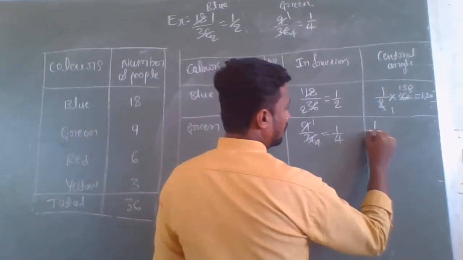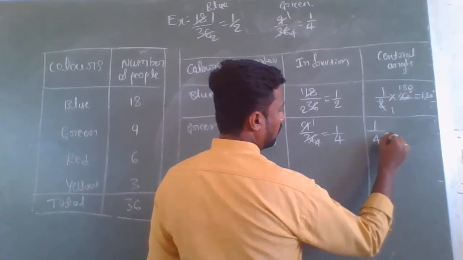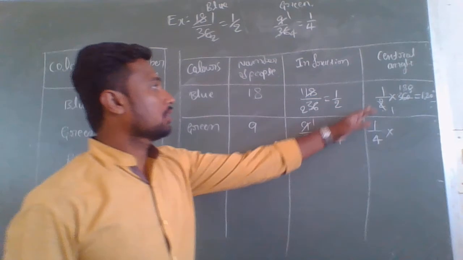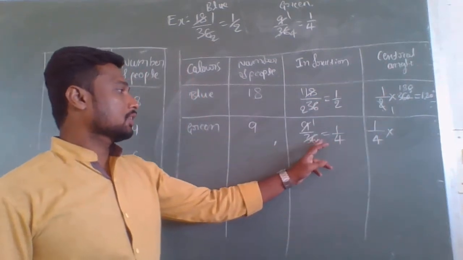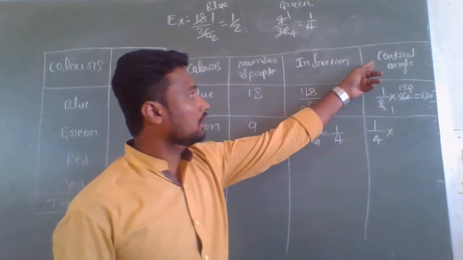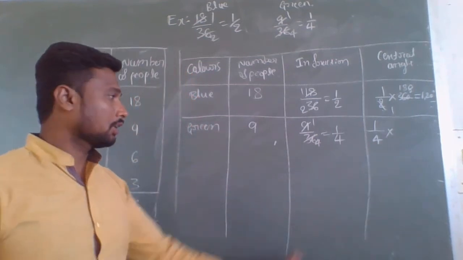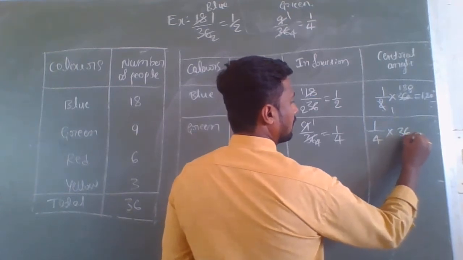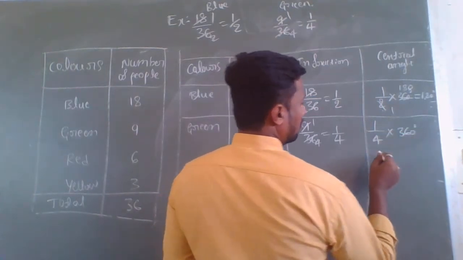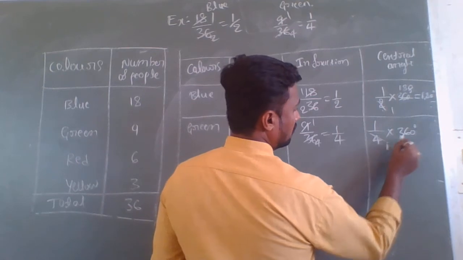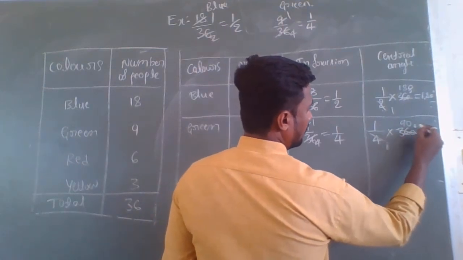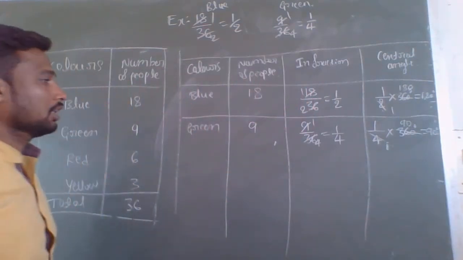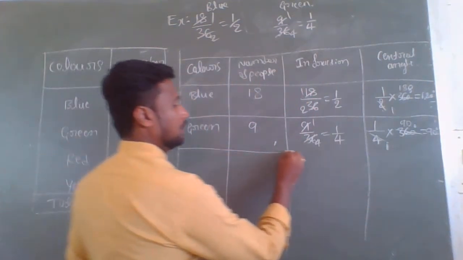I will consider this proportion value to calculate the central angle or corresponding angle. Therefore, here it is 1 by 4 into 360 degrees. So 4 nines are 36 and the remainder is 0. Therefore, 90 degrees. The corresponding angle of the green color is 90 degrees.